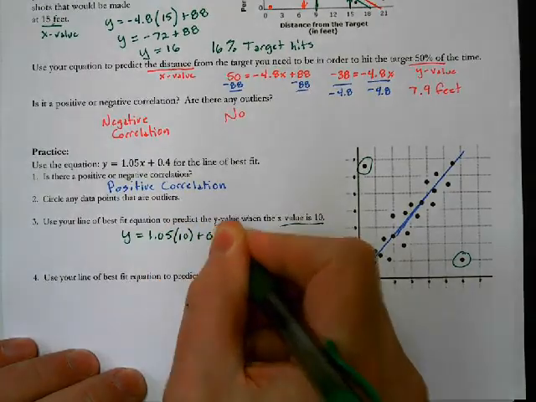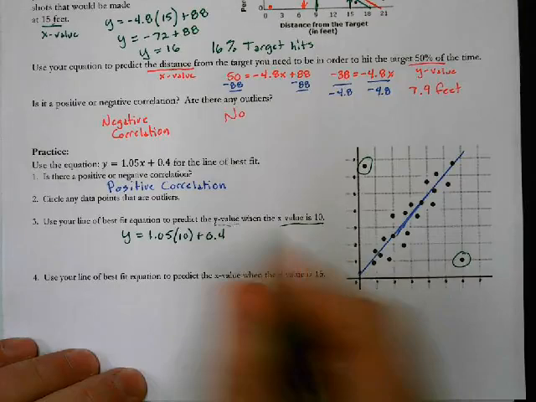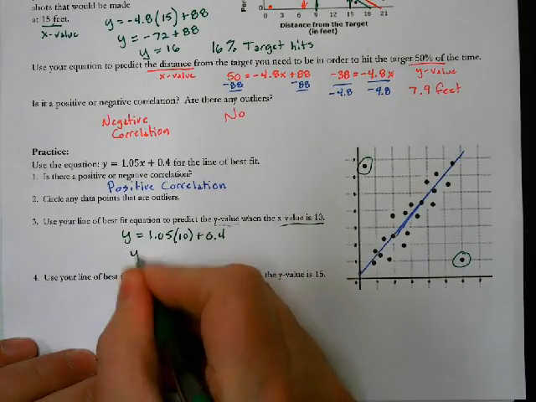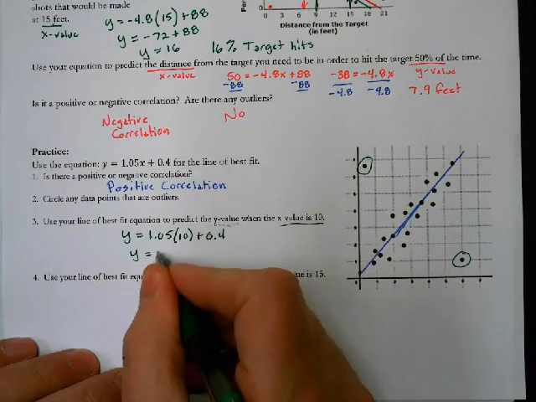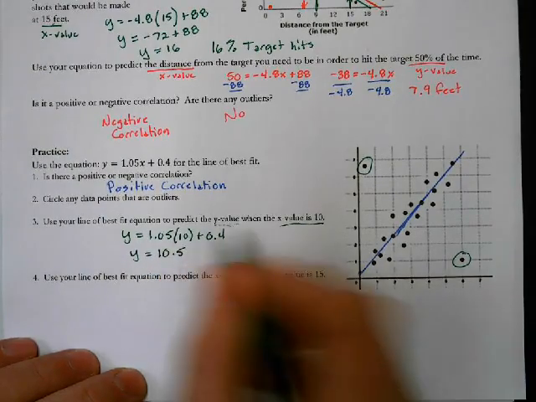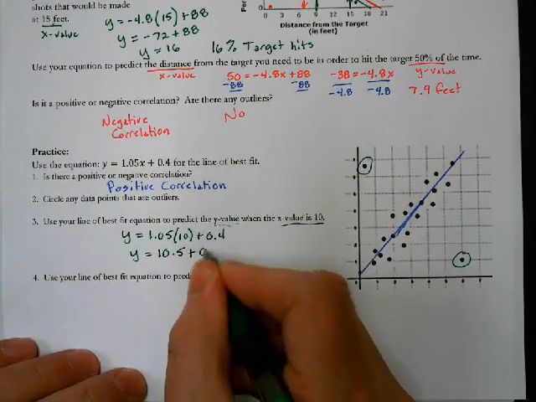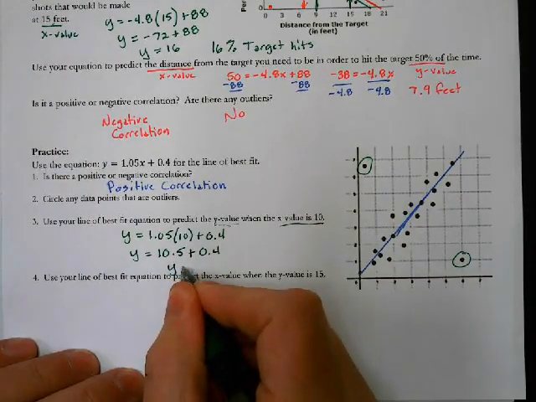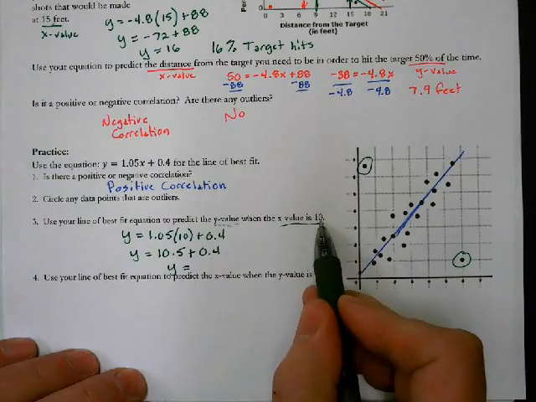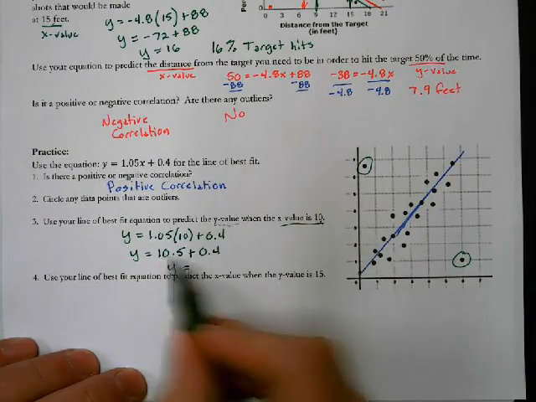All right, I think I'm better. So we get y equals 1.05 times 10, which is 10.5, plus 0.4. So our prediction would be when the x value is 10, we would expect the y value to be 10.9.